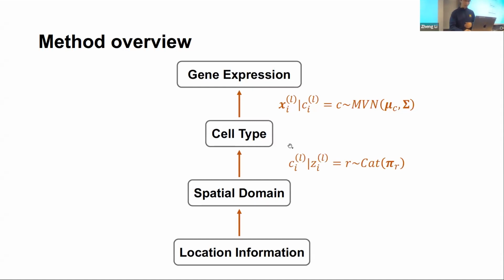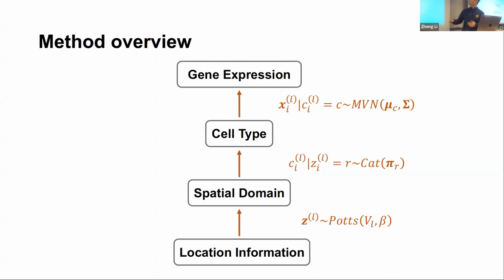And given the specific spatial domain the cell belongs to, we assume that the cell type of the cell follows a categorical distribution with a parameter vector pi r. Here pi r is the vector of probabilities of different cell types in that specific spatial domain R. And finally, we used a Potts model to incorporate neighborhood similarity and encourage smoothness across spatial domains.